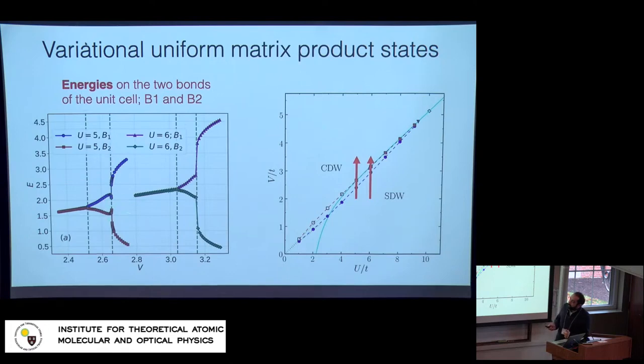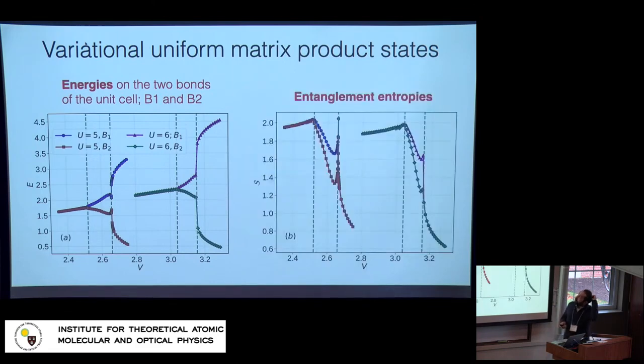What's interesting is that if you look at these carefully, you see that the transition from BOW to CDW is kind of smooth in terms of these energies, compared to here. When U is larger, it kind of becomes first order. So the nature of this transition is also captured in these plots. You can look at the entanglement entropy by partitioning your chain in 2 different ways, again breaking the 2 different bonds in your unit cell.